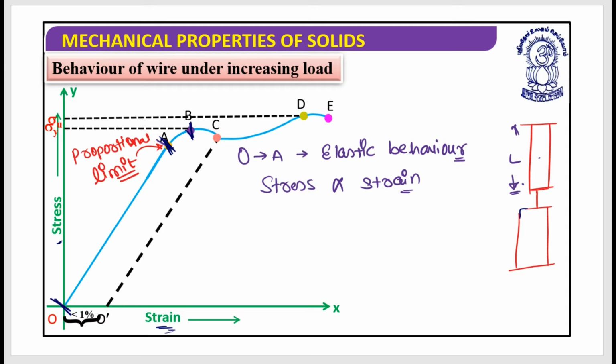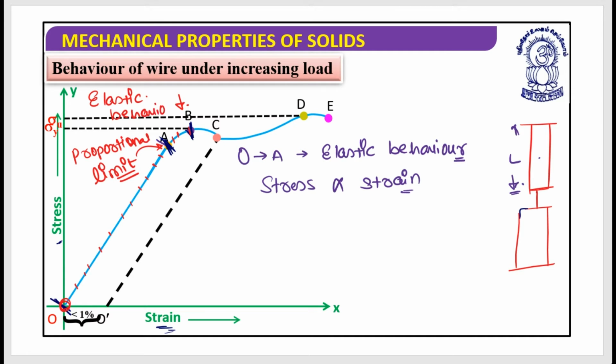Look at this. If I remove all the masses at the point B, then this object will again regain its original shape. That means it will again come back to this position. And if it comes back to this position, then we can say that up to position B, it is behaving like an elastic body.